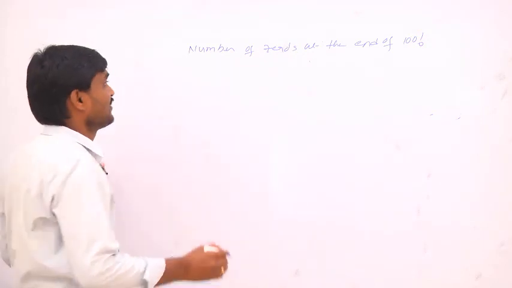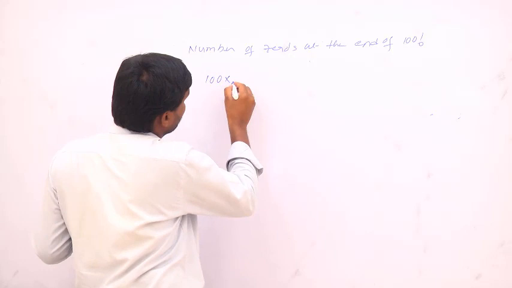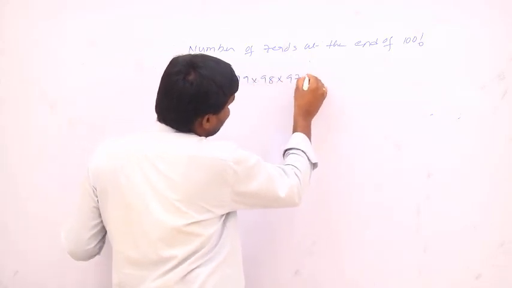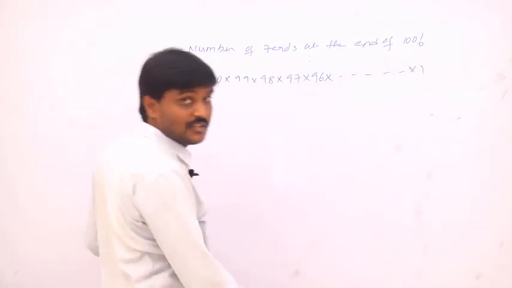Factorial means, for example, 100 into 99 into 98 into 97 into 96 and so on, into 1.